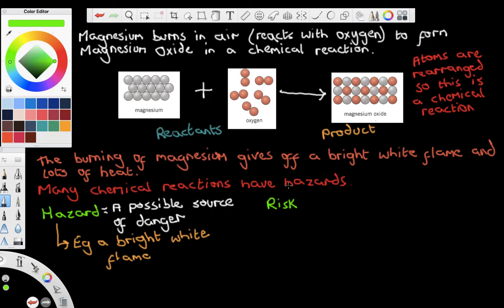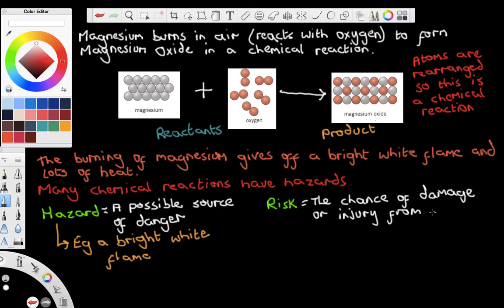Now, a risk is defined as the chance of damage or injury from a hazard.